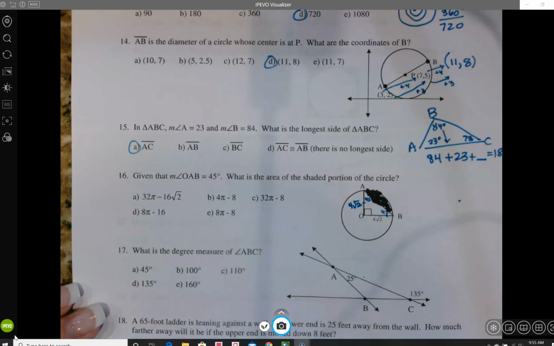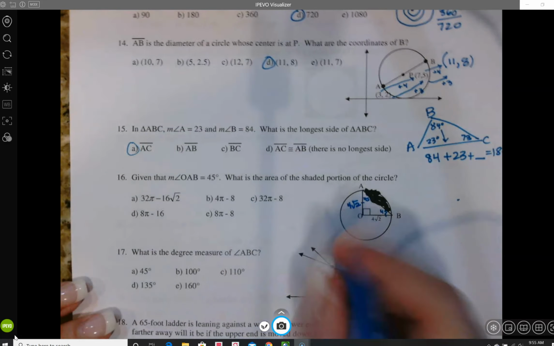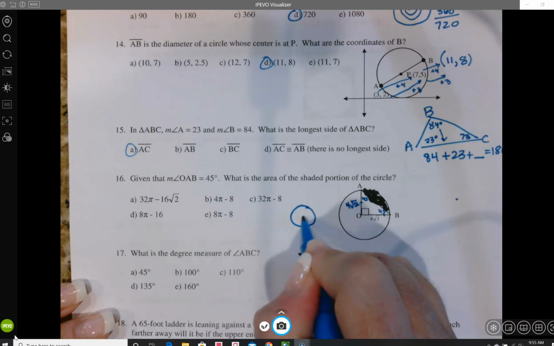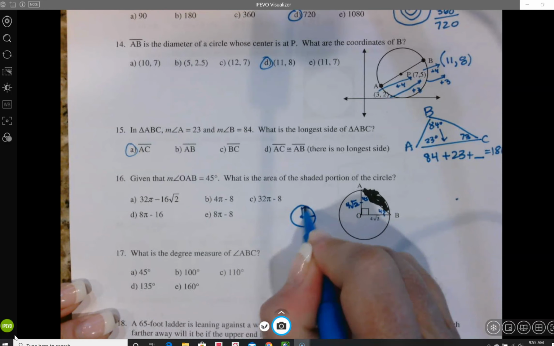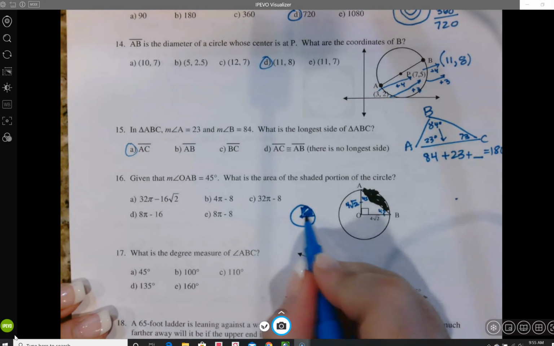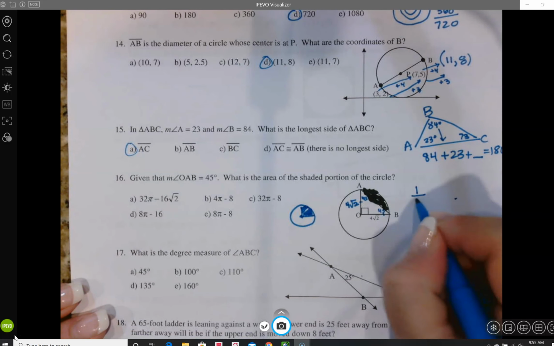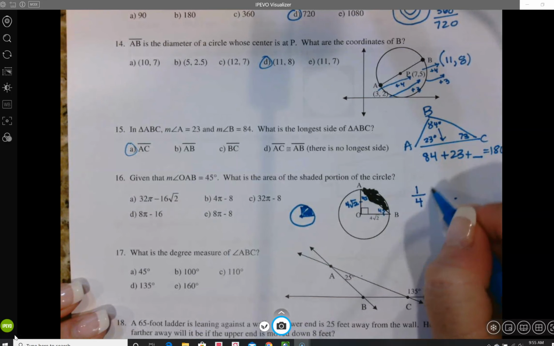So our next order of business is to find out the area of a whole wedge of the circle. So this portion of the circle is a fourth of the total area.